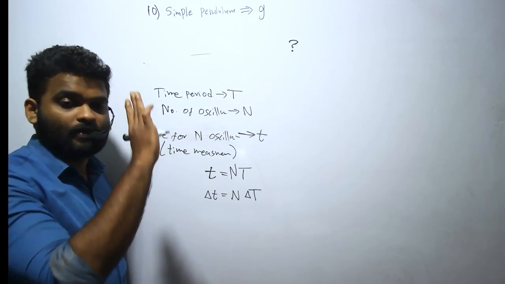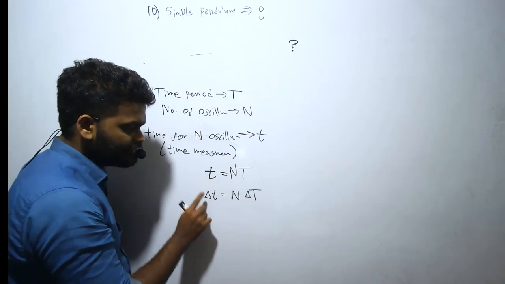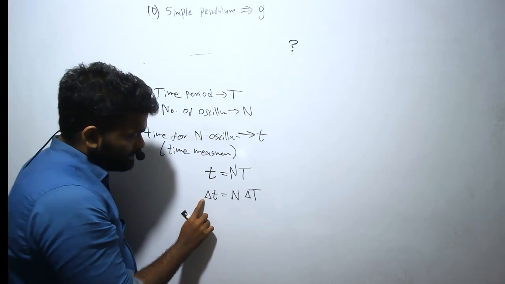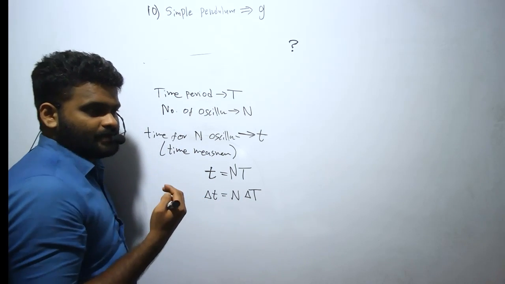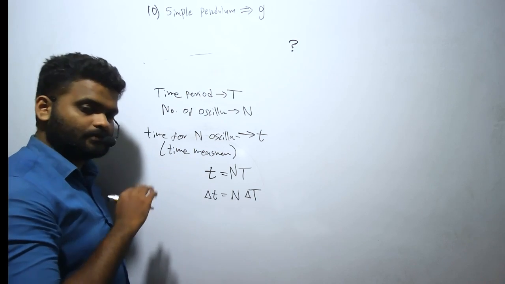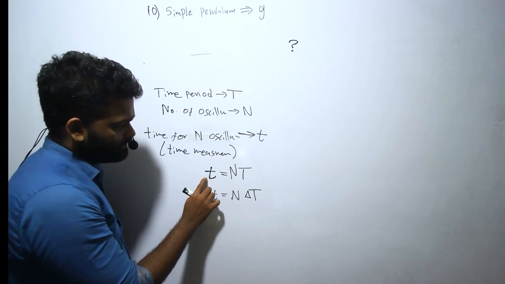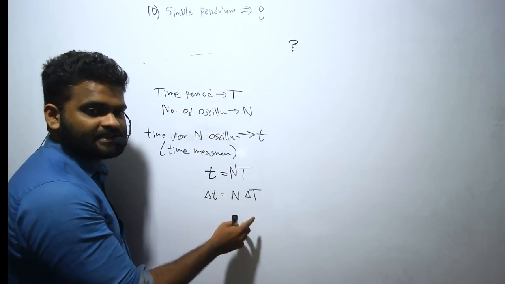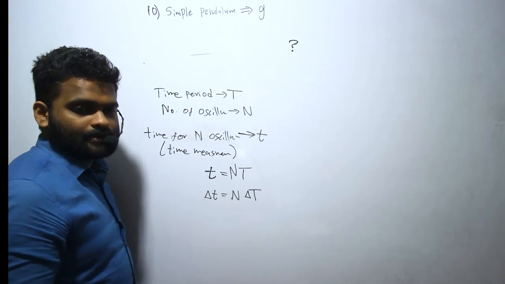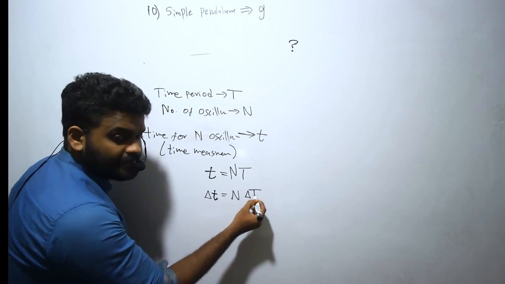This can be done for any equation: if you find the variables, you can put delta there. If you're a maths student, you already know the reason. But for bio students, just remember, if these are the variables, you can put delta and make a new equation. Okay, so delta t equals N delta T.